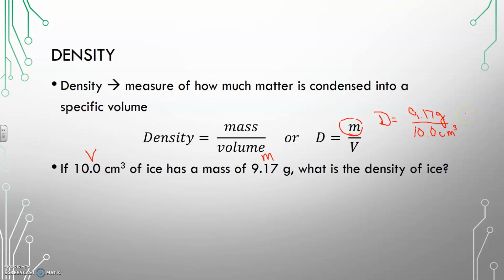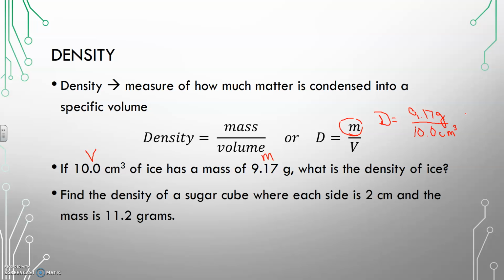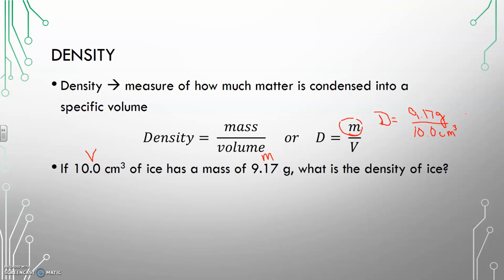That's how you set that up. Go ahead and pull out your calculators and divide this out. You're going to end up with your density equals 0.917.